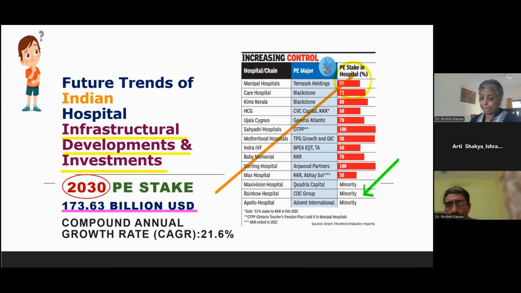I'm going back to the earlier slide which I've shown you. India will be a very large market for the hospital industry. It is expected that the corporate hospital sector will reach 173.63 billion by 2030. That is only the corporate sector. I will explain why this industry is growing.